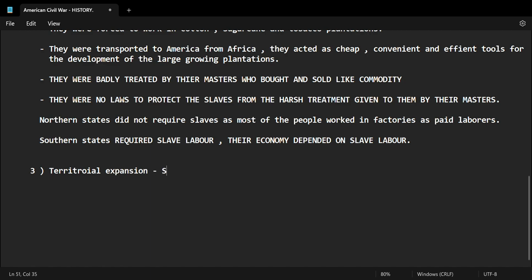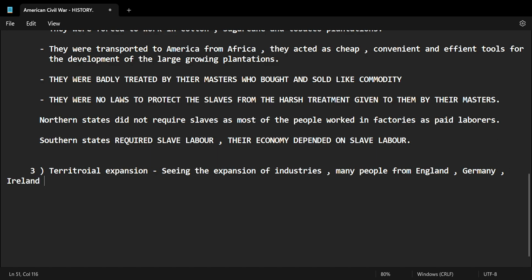Seeing the expansion of industries, many people from England, Germany, Ireland settled in the northern states.